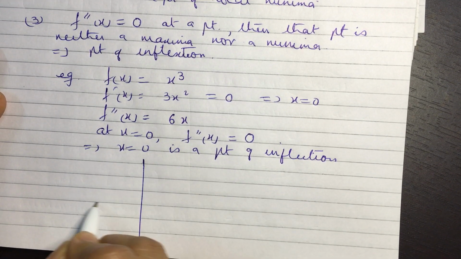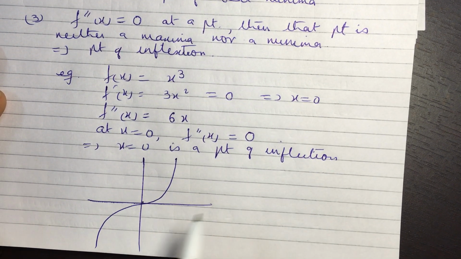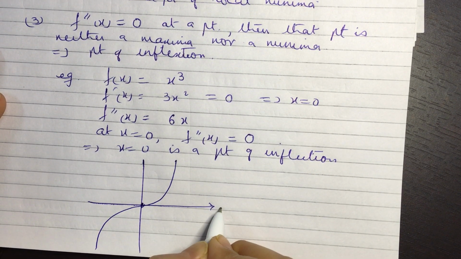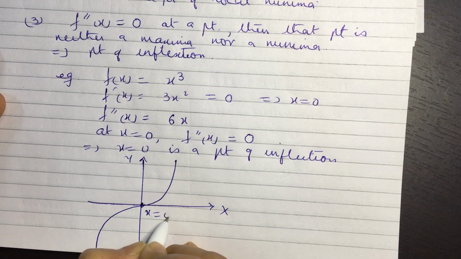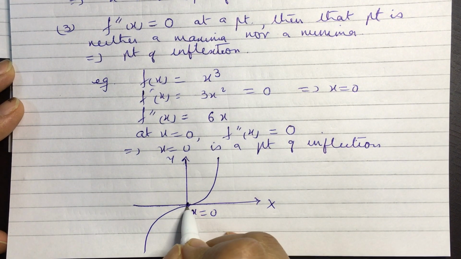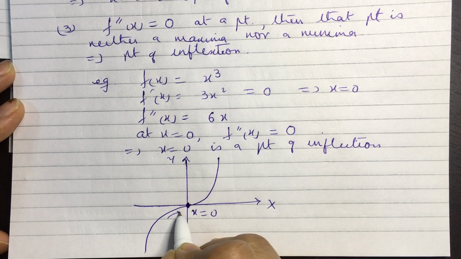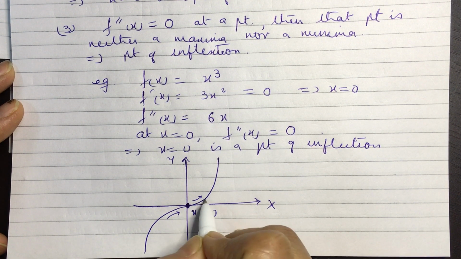When you draw the graph of this function, it is something like this. This is the x axis, this is the y axis, this is the point x equal to 0. At this point, the function on the left is increasing, and on the right also it is increasing.